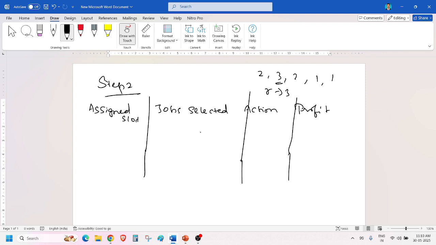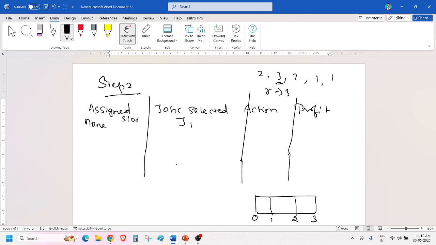Now here you just make 0 to 1, 1 to 2, 2 to 3. First, initially none. You are not going to arrange any job. So first job selected, as I told you in step 2, select job 1. So J1.